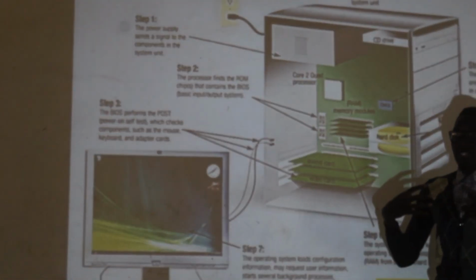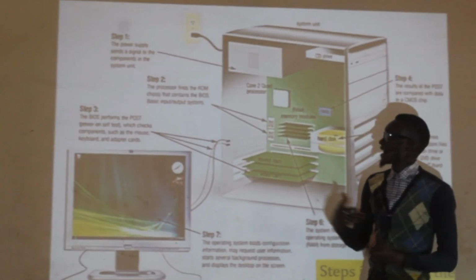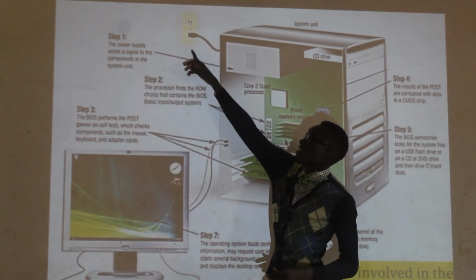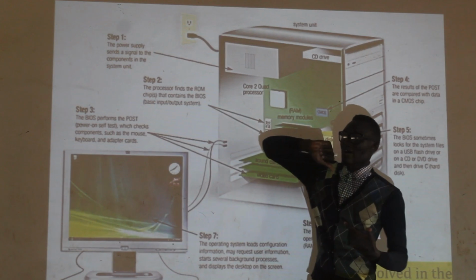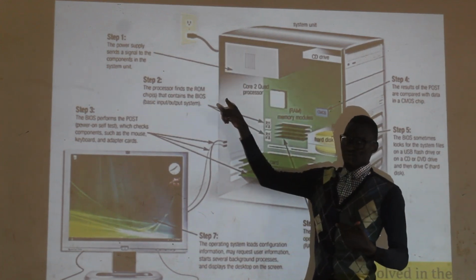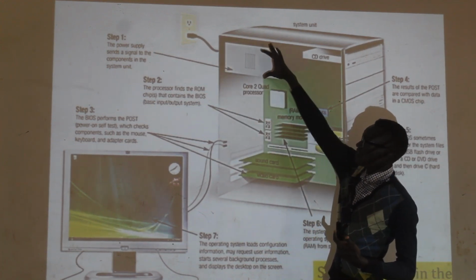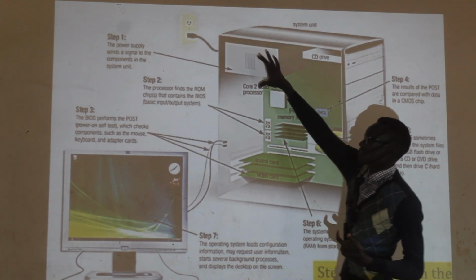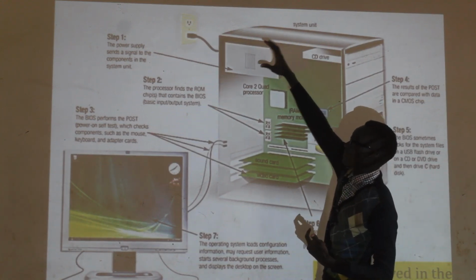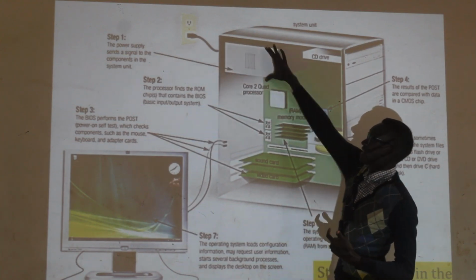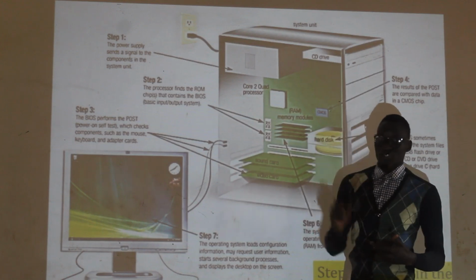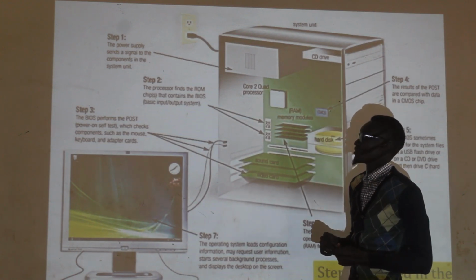So the user comes and makes sure that the wall socket is supplying power to the systems unit. Inside the systems unit, we have a power supply that converts the alternating current to the direct current that can be supplied to the components that need power to operate.